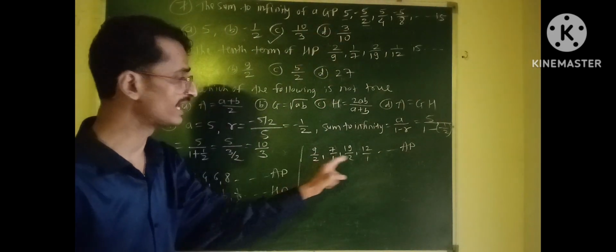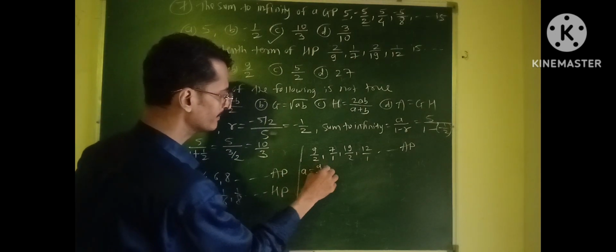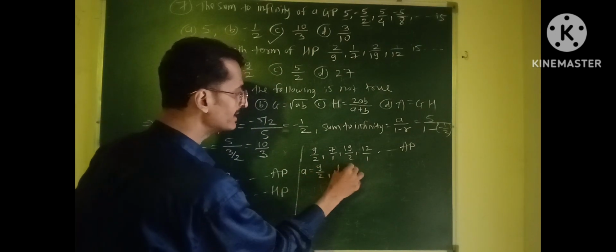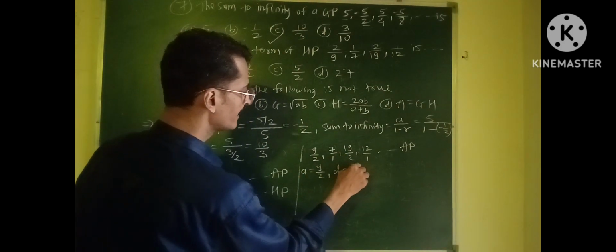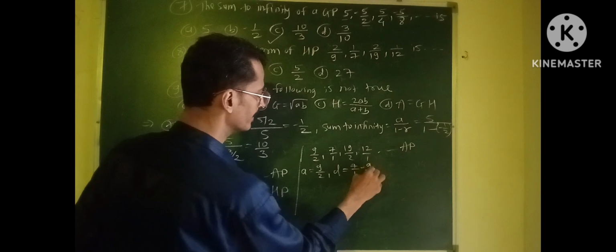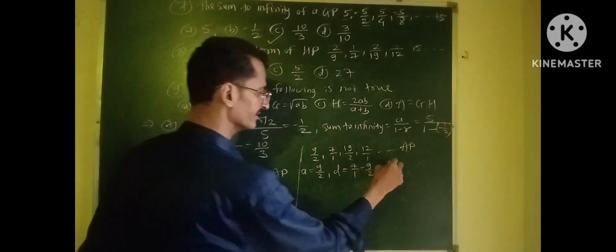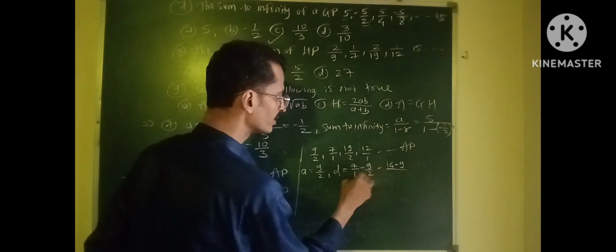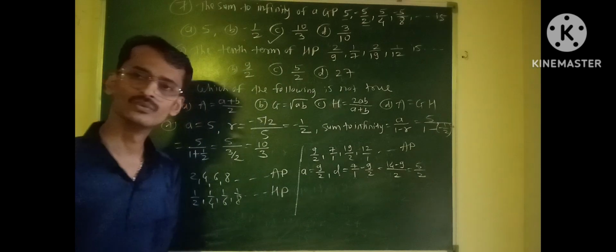Reciprocals of these terms are in AP. So find out first term, that is A, 9 by 2. Find out common difference of AP. So second term minus what? First term. 7 2s are 14, 14 minus 9 upon 1 into 2, 2. So that is what? 5 upon 2.